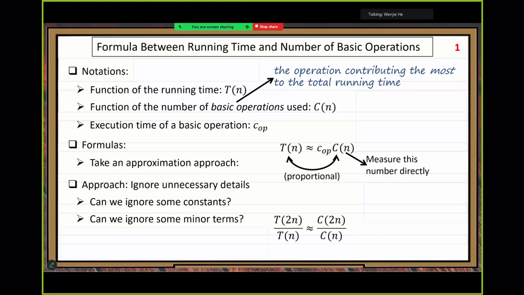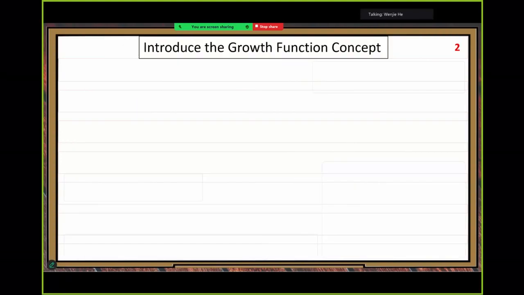We do not need to talk about constants anymore. Now we just focus on this C function later. Next, we need to talk about the growth function concept.